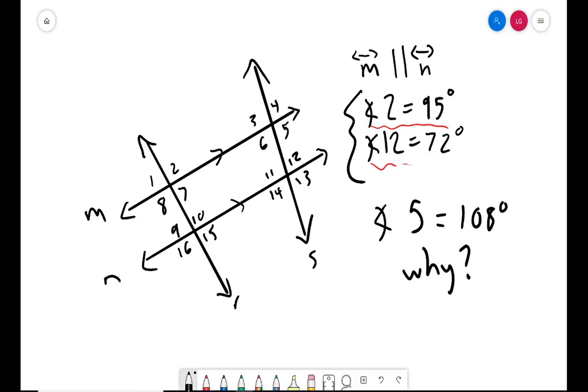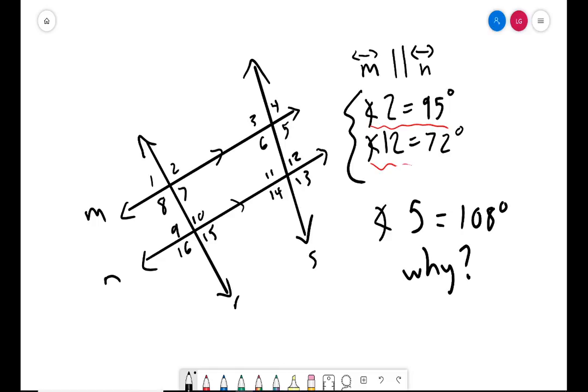Now, why is 5 equal to 108? Well, you can say it in a couple different ways. You could say, for example, that angle 12 and angle 4 are both 72 because they correspond, and therefore angle 5 is 180 minus 72 because it's supplemental to angle 4. You could also say angle 12 and angle 13 are supplemental, so angle 13 must be 108, and angle 5 corresponds to angle 13, so it must also be 108.